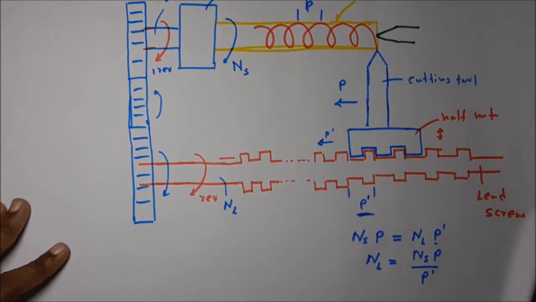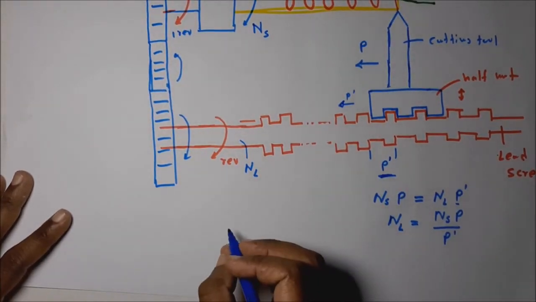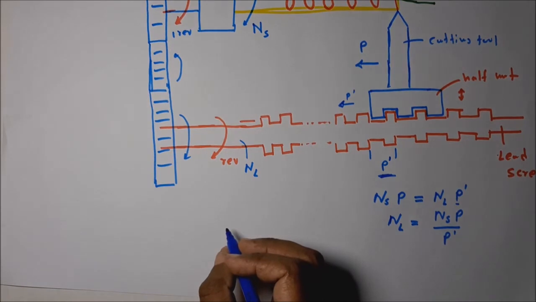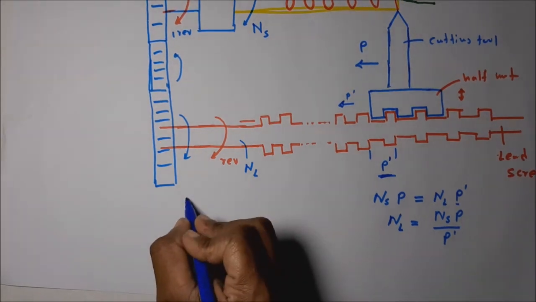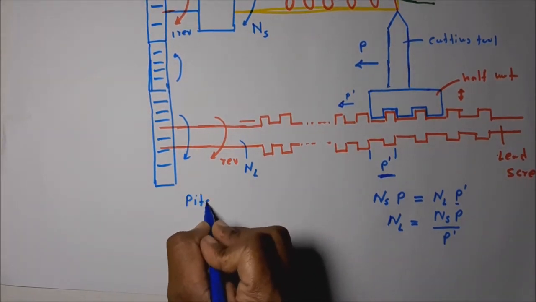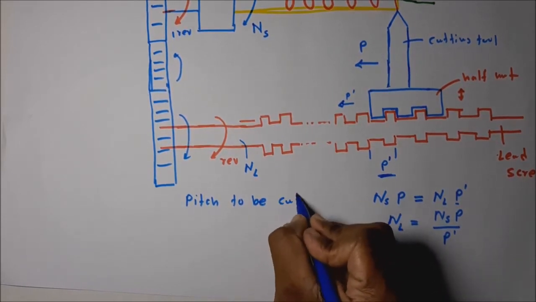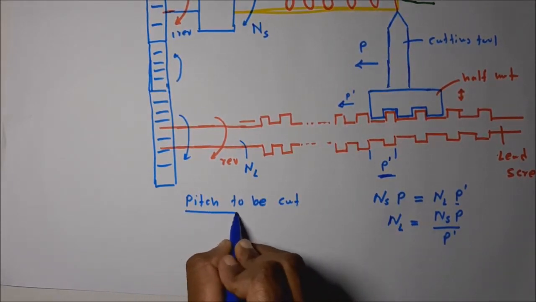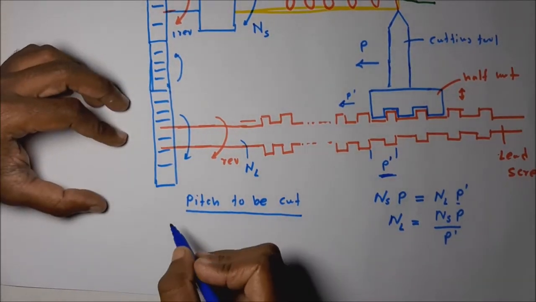Then from this equation we can derive another important equation. P means pitch to be cut. P dash is the pitch of the lead screw.